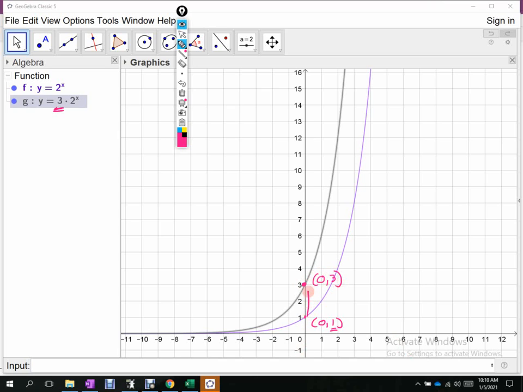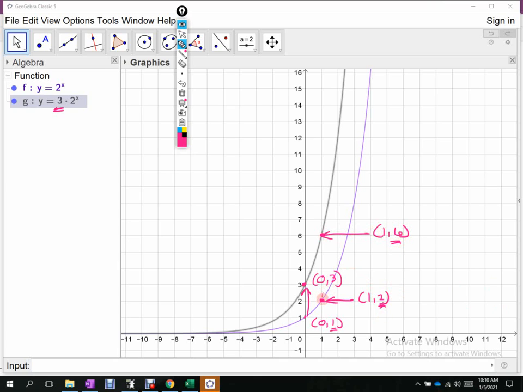So that becomes 0, 3. This point here, which is at 1, 2, if I take that y value and scale it by a factor of 3, it becomes that point right there, which is 1, 6. So we can see the comparison between those y values.